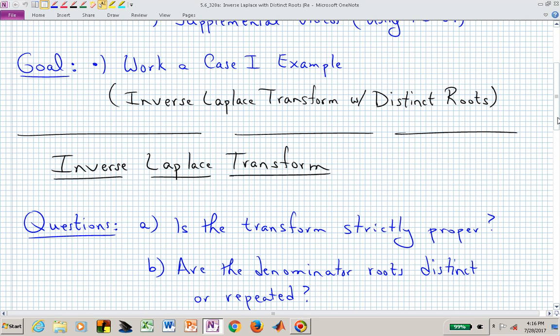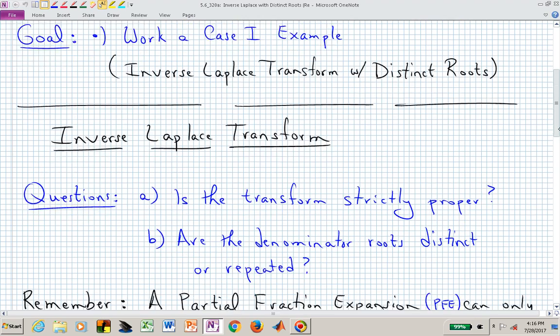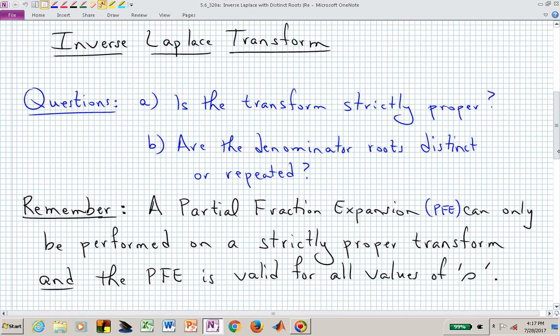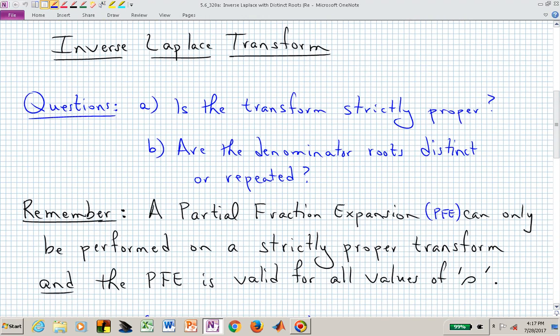If they're repeated, that will be in the next unit, and we'll talk about what the partial fraction expansion structure looks like when we have poles that are lying on top of each other, or repeated. This particular example that we will work through has distinct roots.